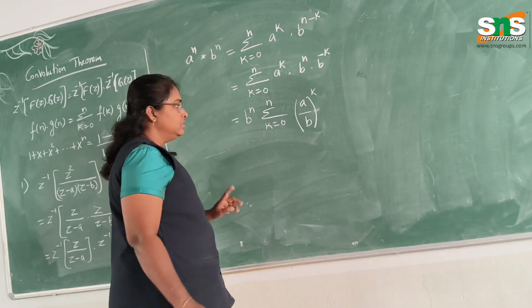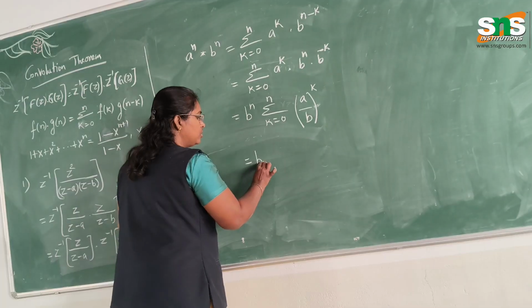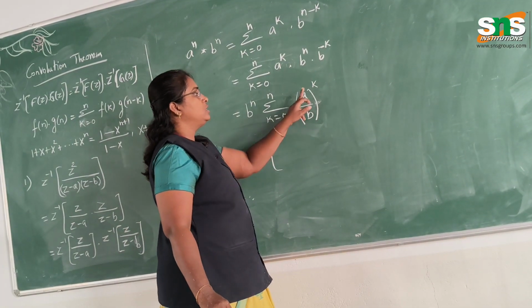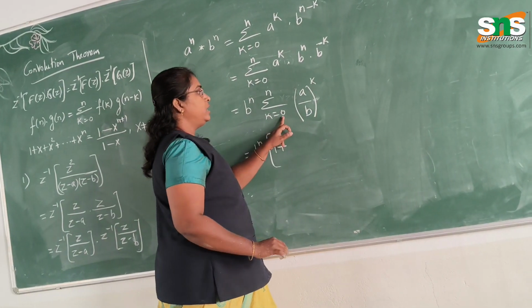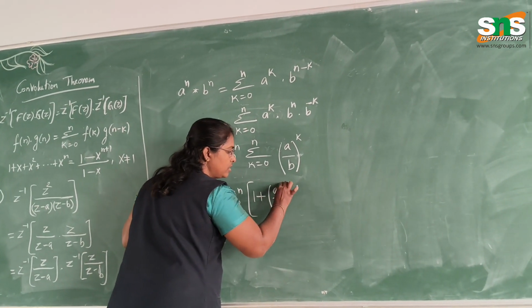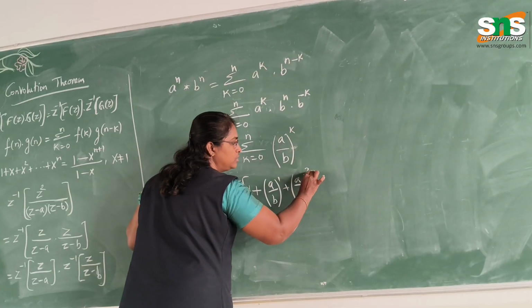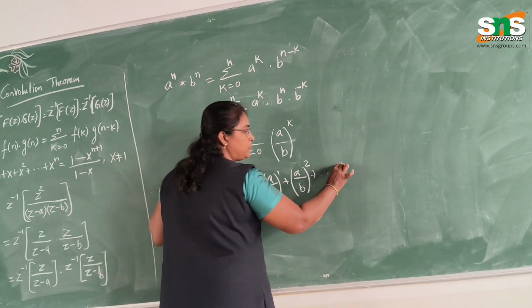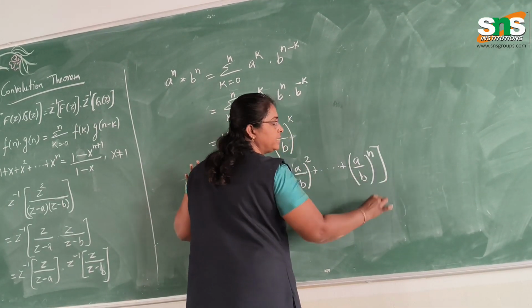After this, I expand this series: b power n into, first, k equal to 0, any number to the power 0 is equal to 1, plus k equal to 1, that term comes once, plus a by b to the power 2, plus etc. Up to how many terms? Up to n terms, so plus a by b to the power n.